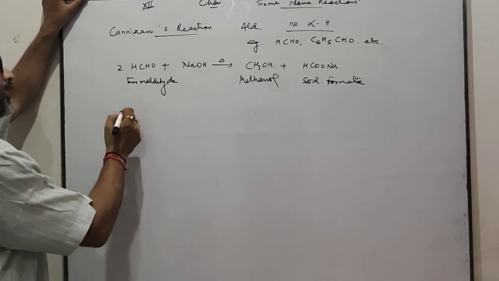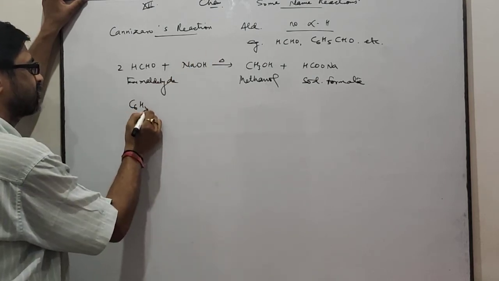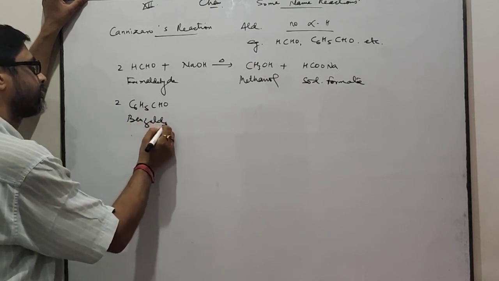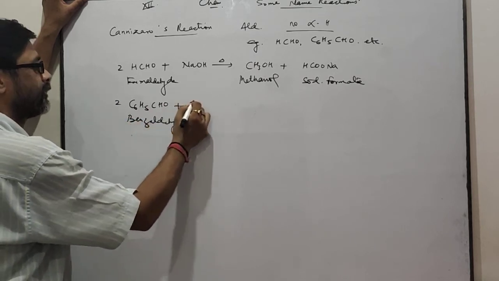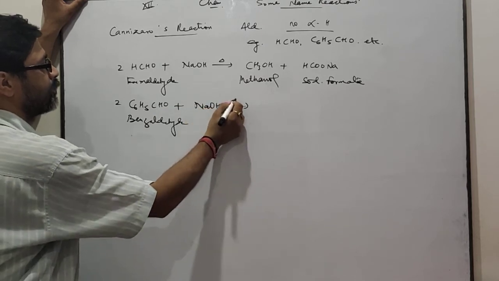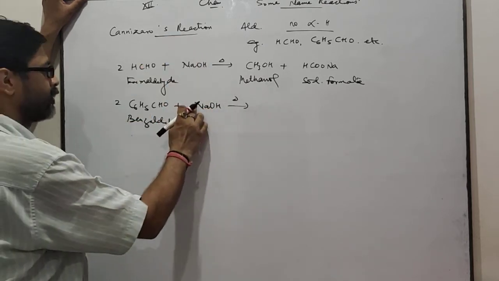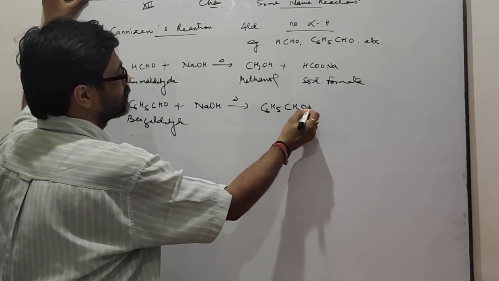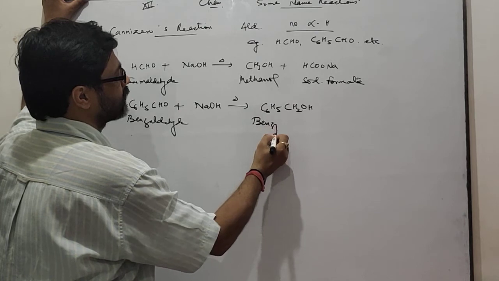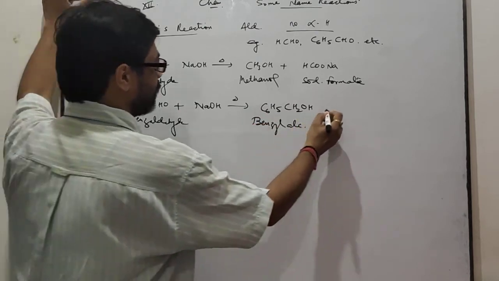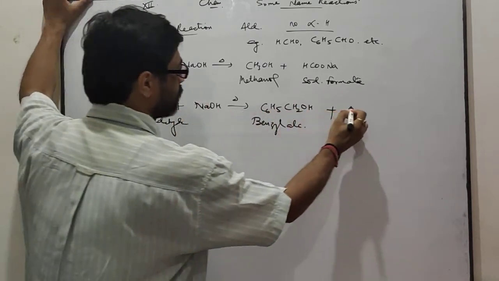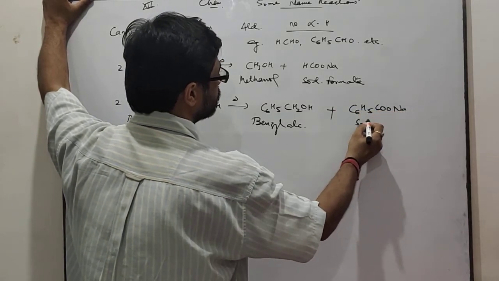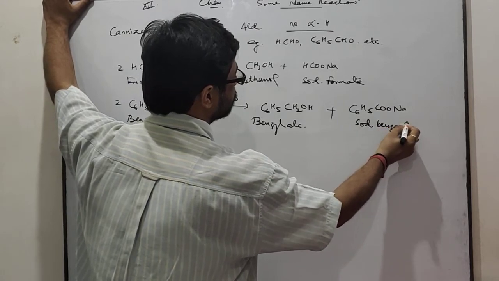In this way, if we use C6H5CHO, this one is benzaldehyde, and benzaldehyde on reaction with NaOH, one molecule gets reduced to form C6H5CH2OH, this one is benzyl alcohol, and another molecule gets oxidized to C6H5COONa, sodium benzoate.